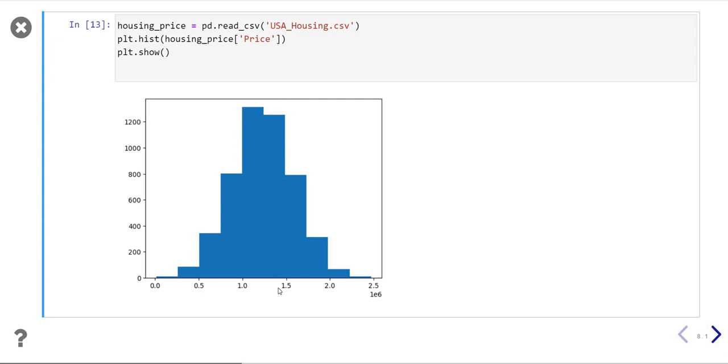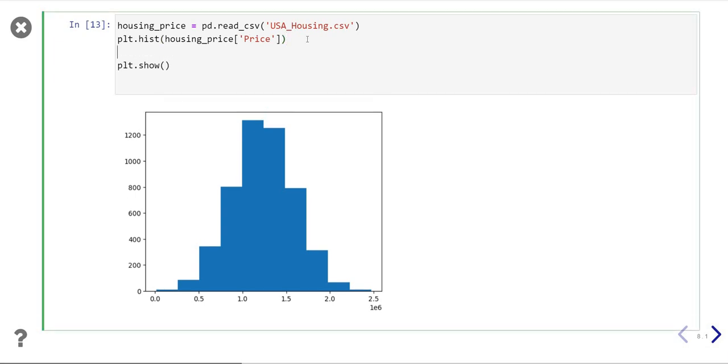So now, can we make this graph much more readable? The y-axis and x-axis, can we do something about it? What is the x label?